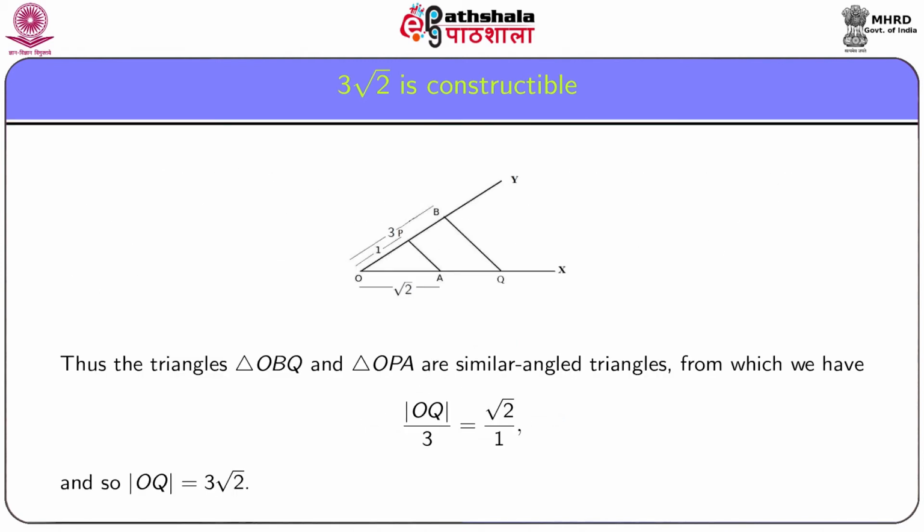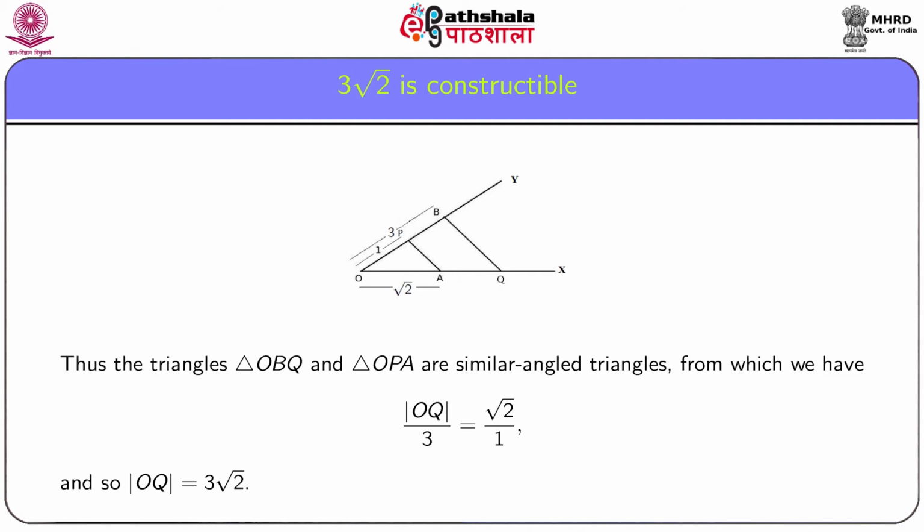Note that triangles OBQ and OPA are similar angled triangles, and hence we have OQ by OB is equal to OA by OP, which gives us OQ by 3 is equal to root 2 by 1, and thus the length of OQ is 3 into root 2.